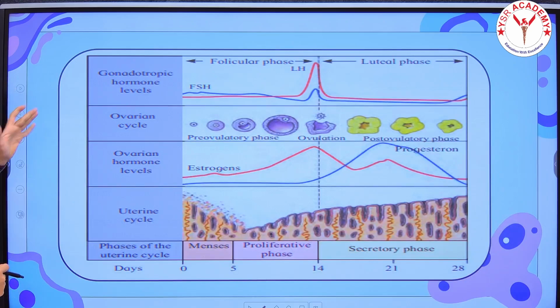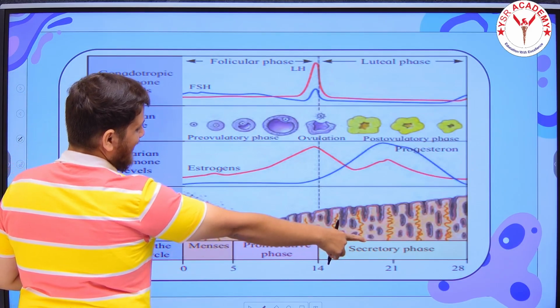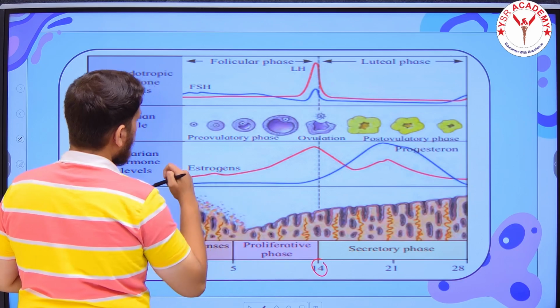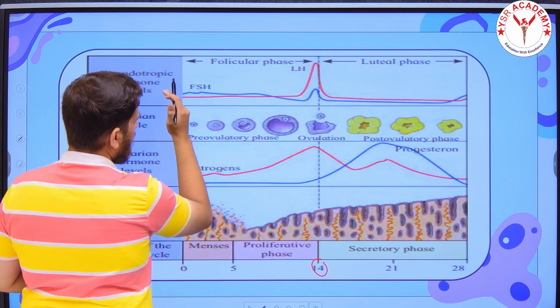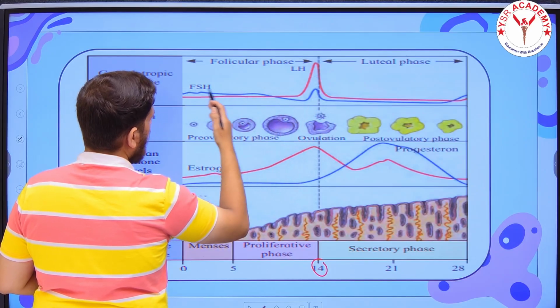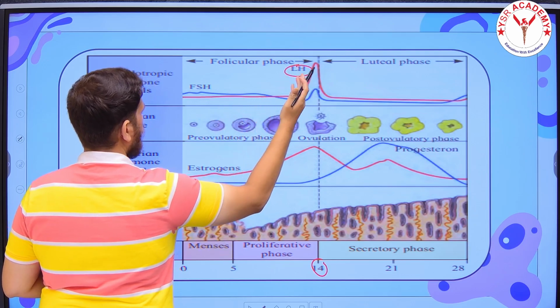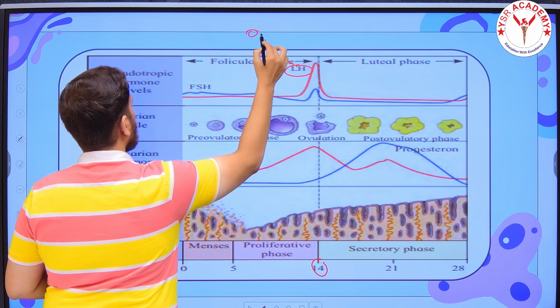This is the graphical representation. So you have a period of 0 to 28 days, 14 being in the middle. The graph picks up at FSH, which peaks near day 14, and then you have LH, which peaks exactly on the 14th day, because LH is the hormone of ovulation.